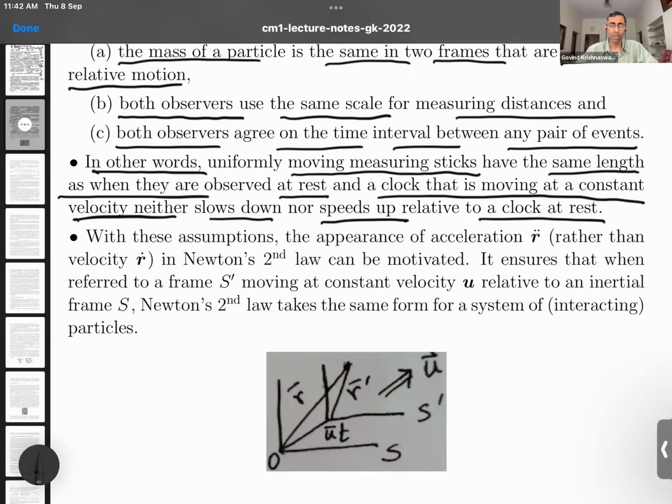Your eyes are shut, the windows are shut, you're not looking outside. Now, suppose you go off to sleep and then somebody starts the car and moves it at a constant velocity. Then you wake up and ask yourself, is the sensation on my back the same as what it was when the car was at rest? The claim is the sensations are exactly the same. You cannot tell that the car is moving uniformly.